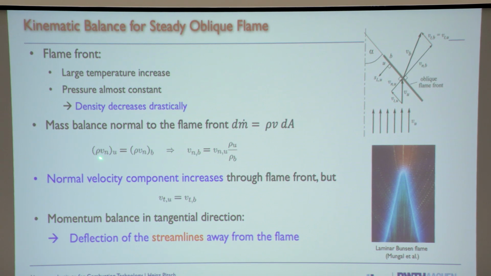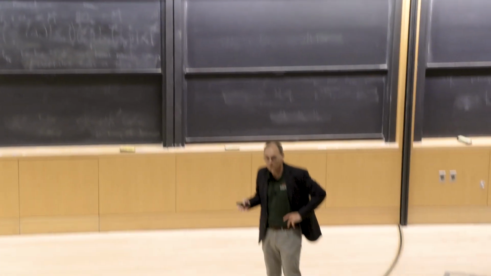The dA goes away, and the unburnt density is much larger than the burnt density, so this means the burnt velocity needs to be much larger than the unburnt velocity. So you get an acceleration of the velocity. That's, of course, by the way, why you get explosions.